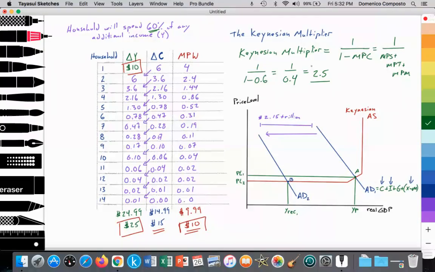Now this is important. That is the multiplier. That means that for any additional dollar injected into the economy, you're going to get 2.5 times more spending in that economy. And that is true. Look at this.